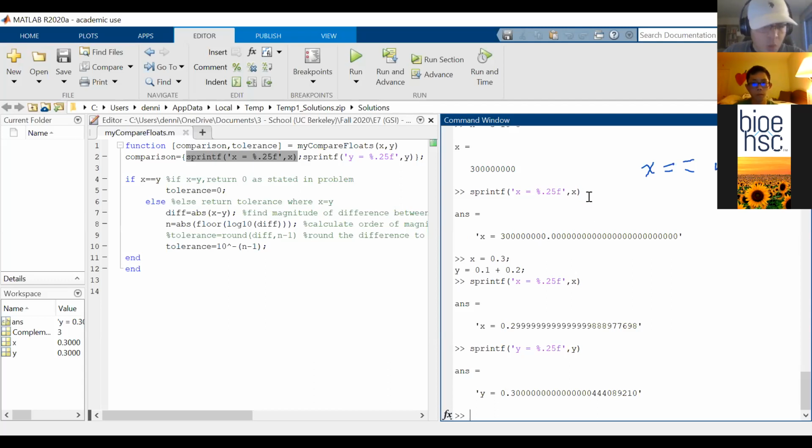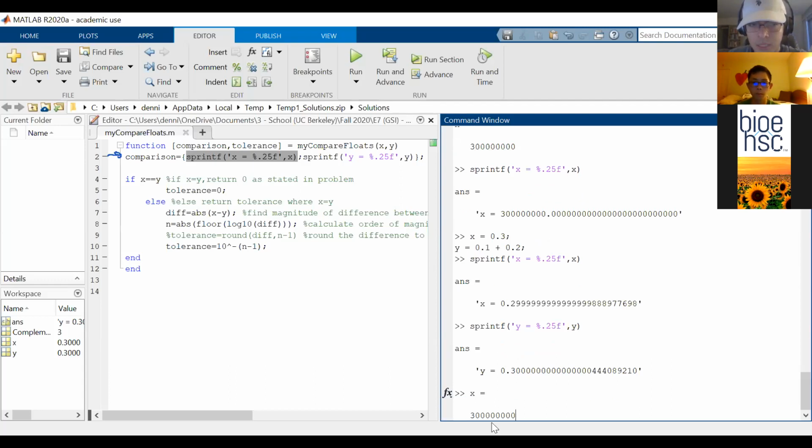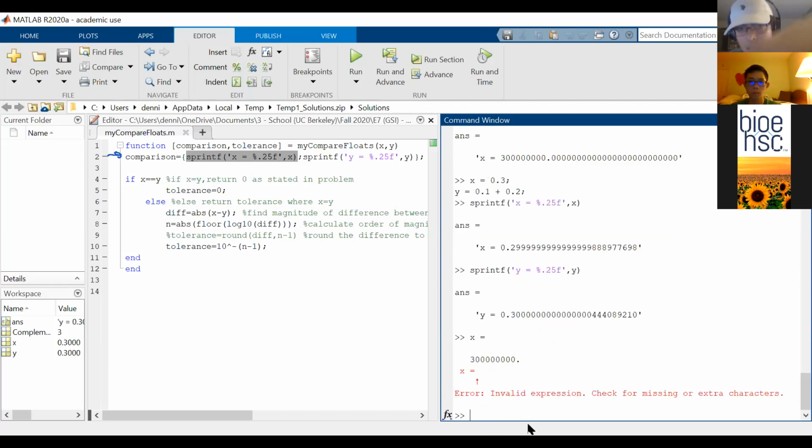Okay, so look at what this code does. Actually, yeah, we can go into this code line by line. In the first line, comparison equals. This is only setting some text into the variable comparison, and the text will be x equals whatever number with 25 decimals of precision.